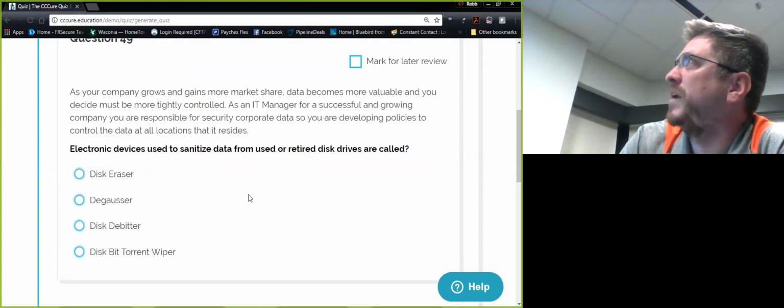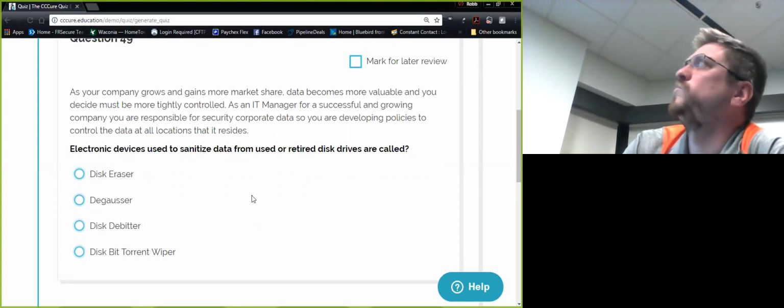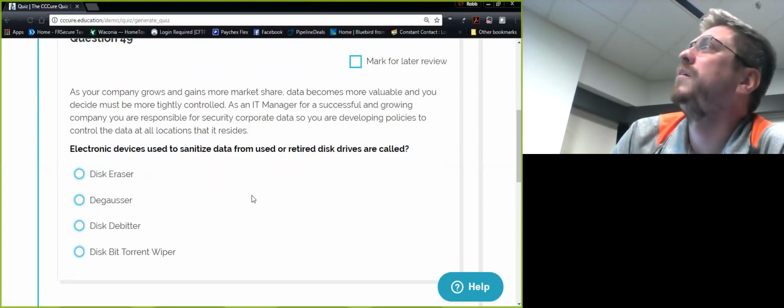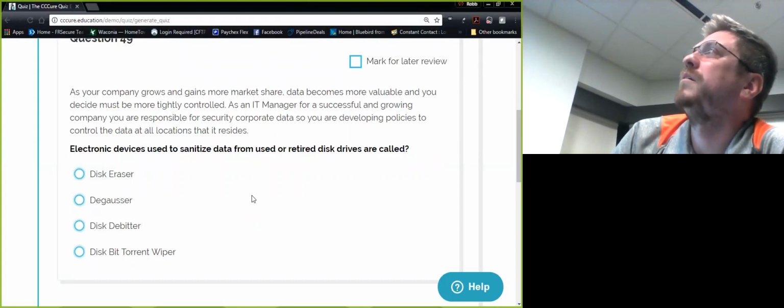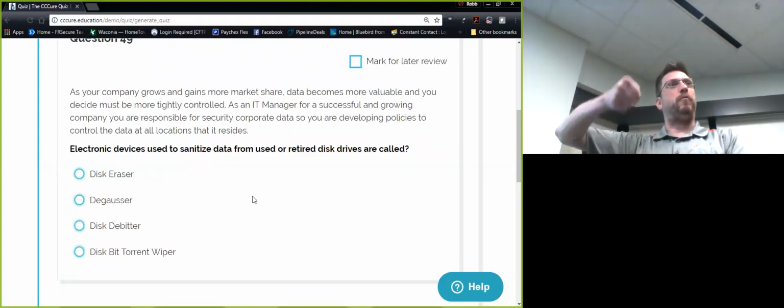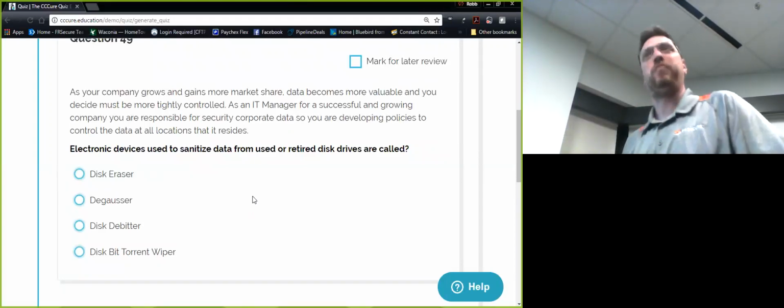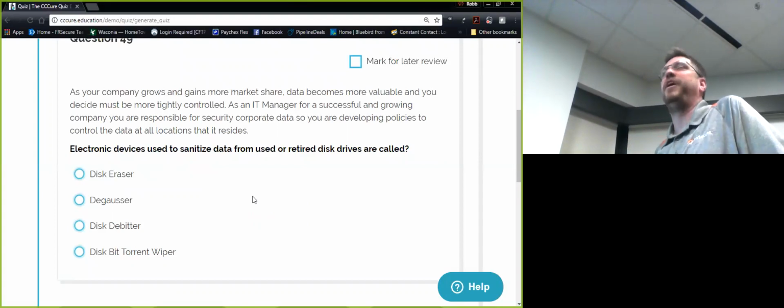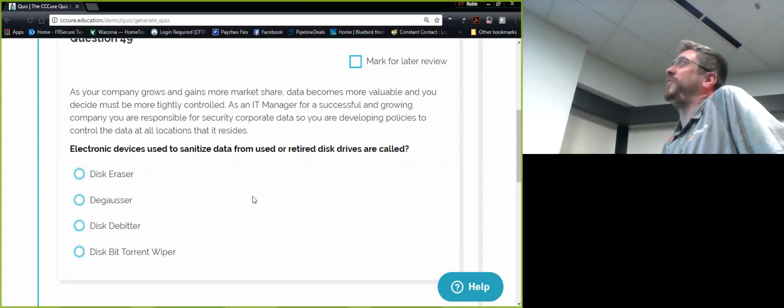No, degausser is magnetic. Electronic device. But it's not, it's just a magnet. Is that all of it? You know, there's electrons in it. I've seen them where it's just a strong magnet on a handle. You just put it on top of the drive and it fries it. There are some that plug in too.